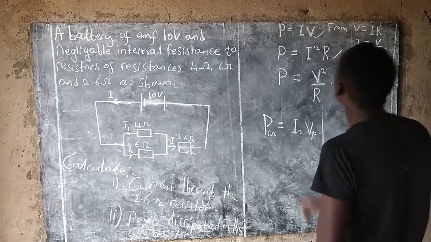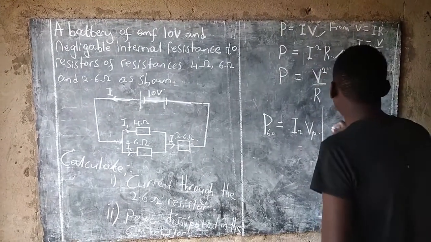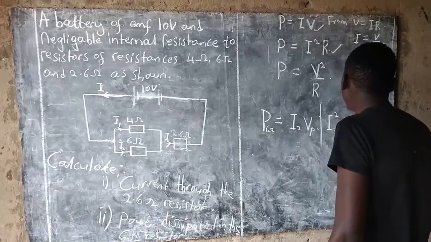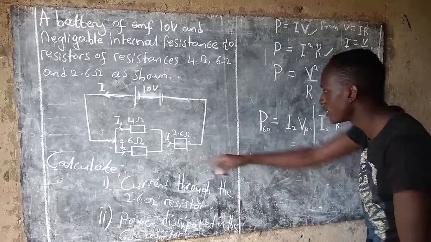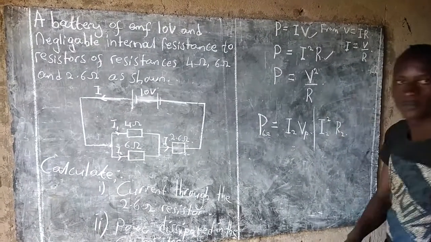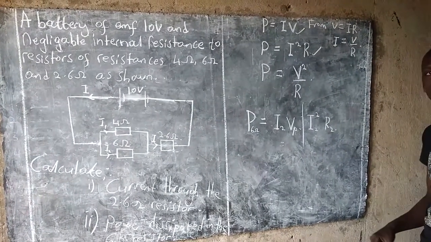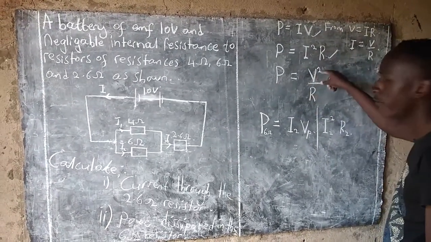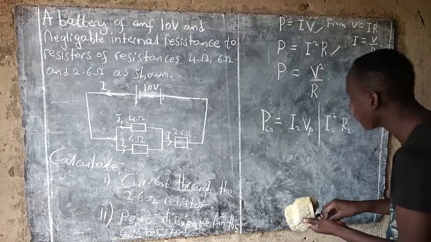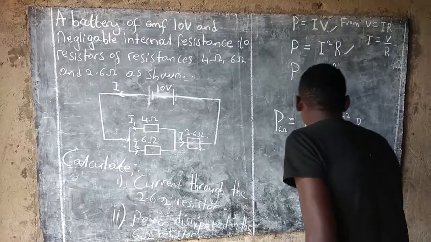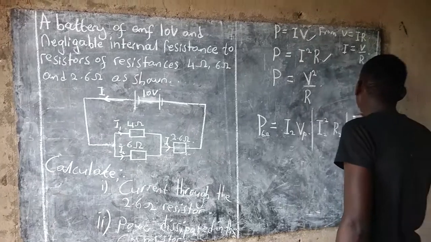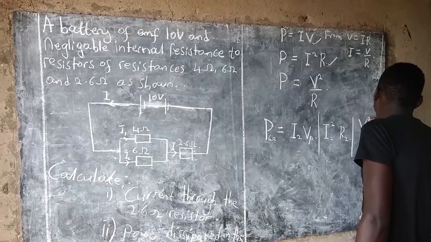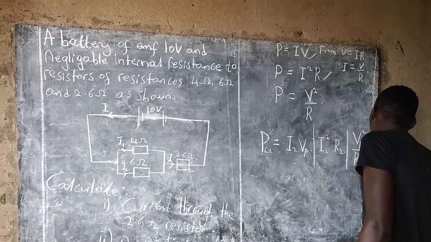Or, if I want to use this, it will be I2 squared R. Which R is this? We call it R2. And if I want to use V squared over R, it will be VP squared over R2.